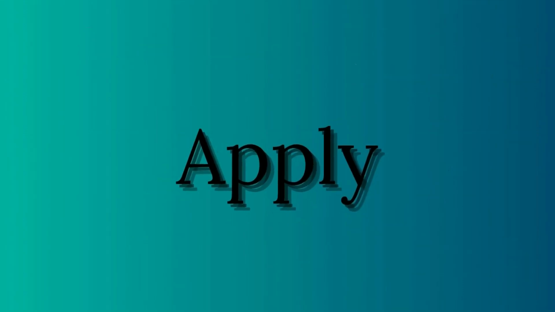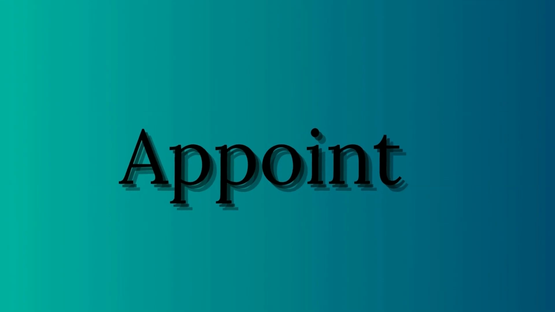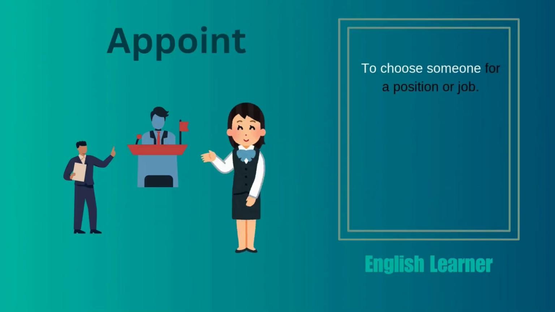Apply. To make use of something for a specific purpose. Example. You should apply the new study techniques to improve your exam results. Appoint. To choose someone for a position or job. Example. The president will appoint a new advisor next week.